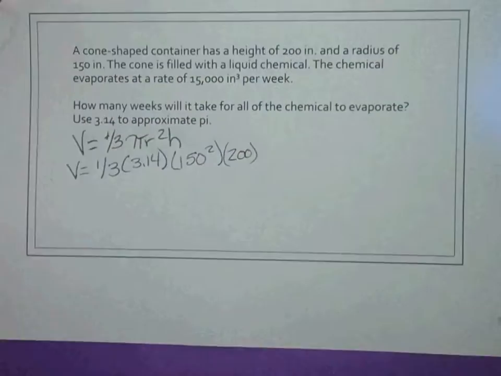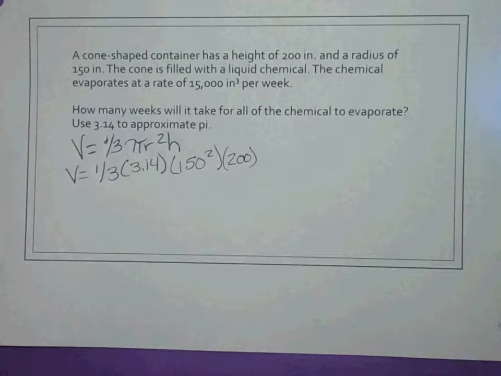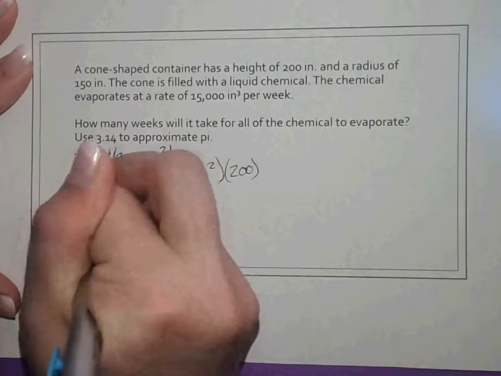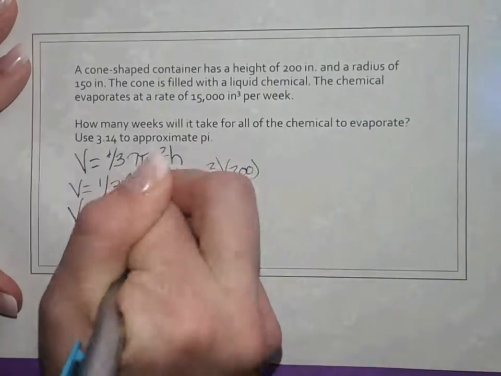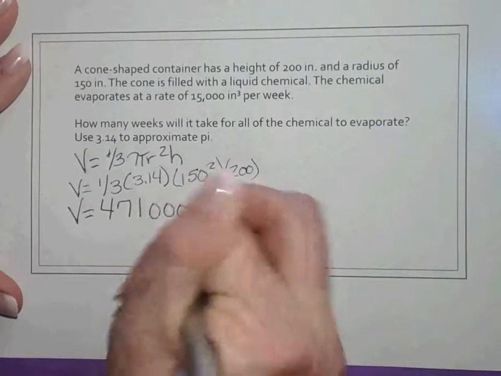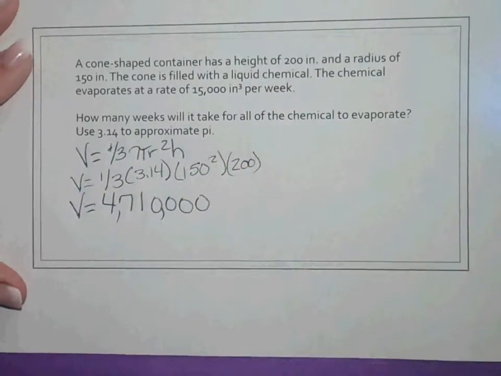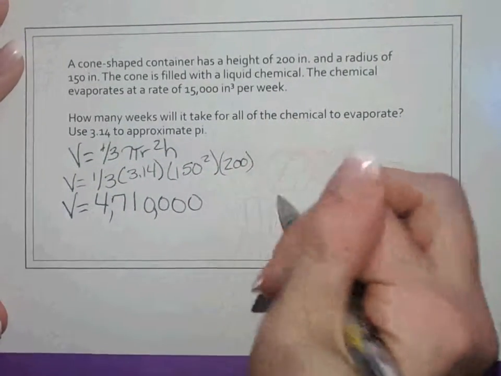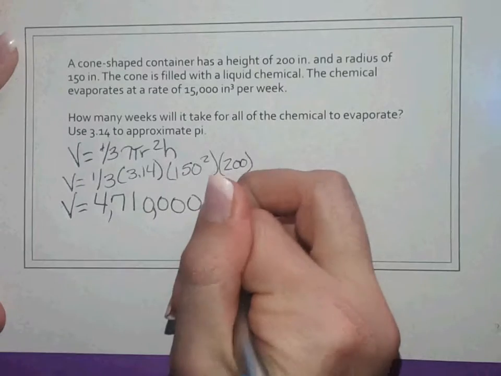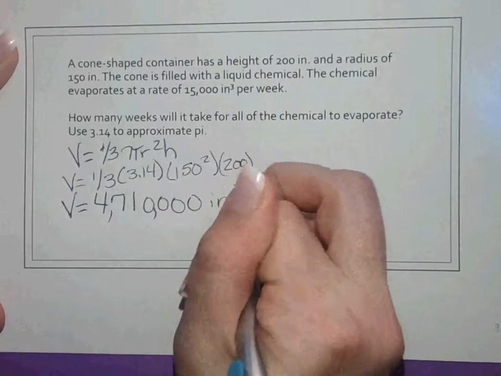So I'm just going to type this in. 3.14 times 150 times 150 times 200, and either times 1/3 or divided by 3, and you get 4,710,000, and that is inches cubed.